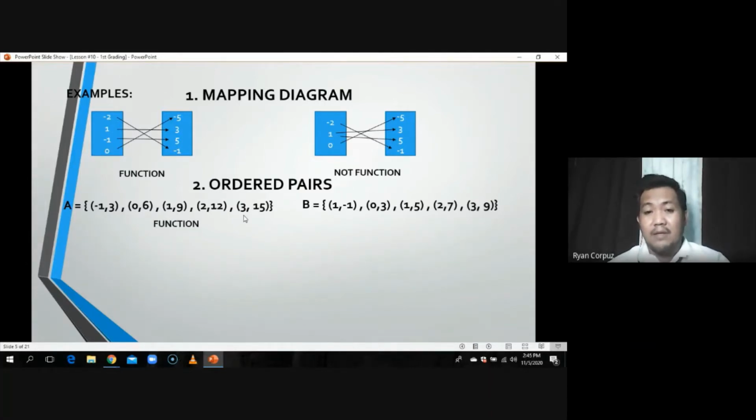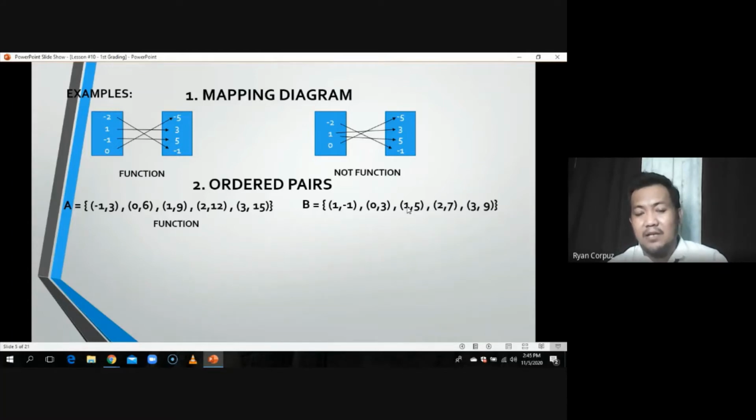Then if you look at the set of ordered pairs in B, looking at the values of their x-coordinates, 1, 0, 1, 2, 3. So the x-coordinate 1 was repeated.